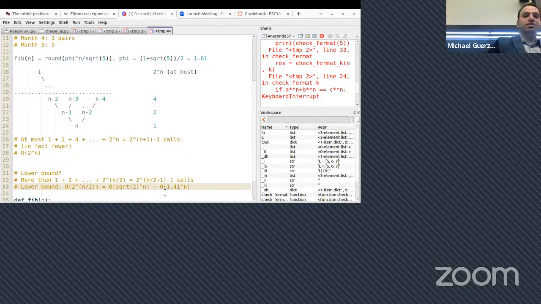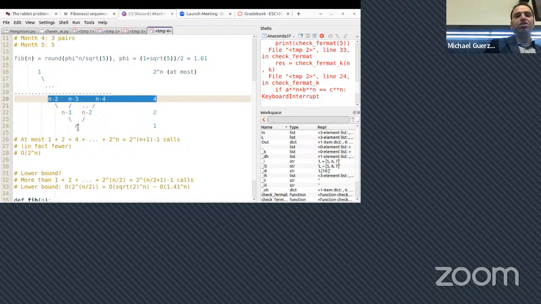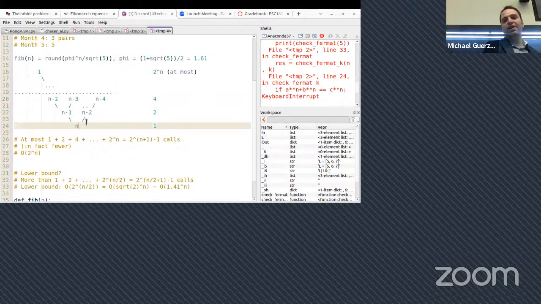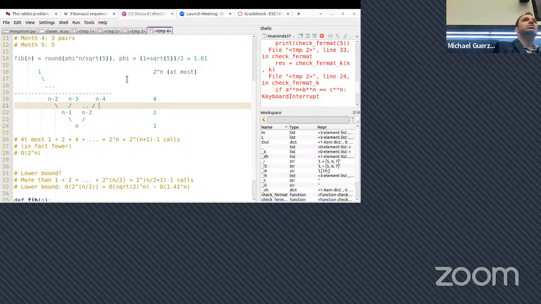What I said is we are going to count just the levels where we definitely have all of the calls on that level accounted for. And that's up to level n over 2, because at level n over 2, we're going to get to 1, starting from n and going in steps of -2. I can't draw out those levels because there are so many of them.